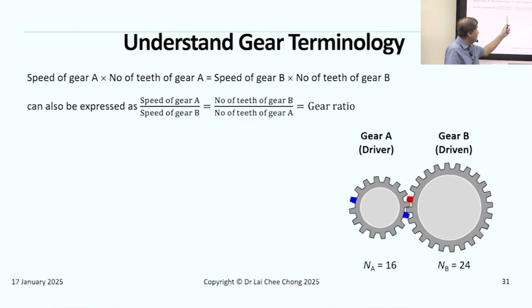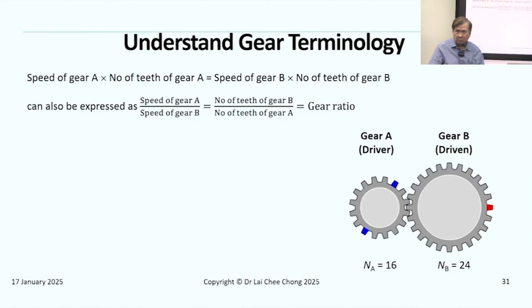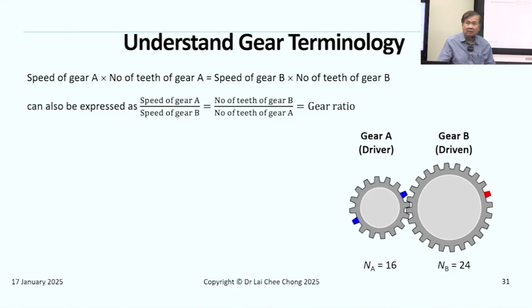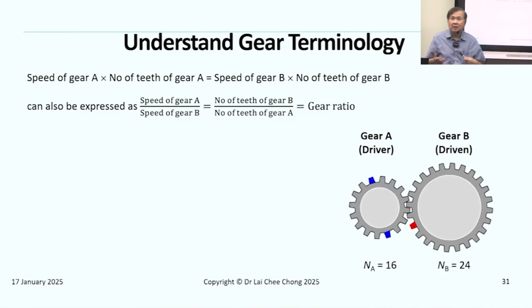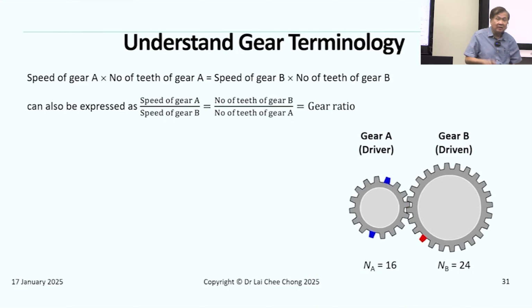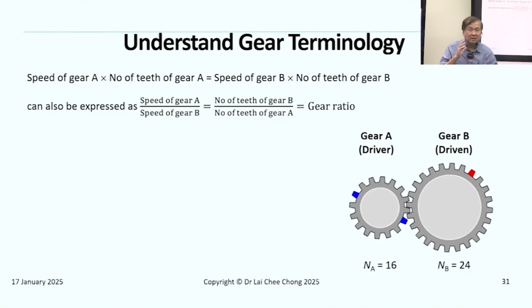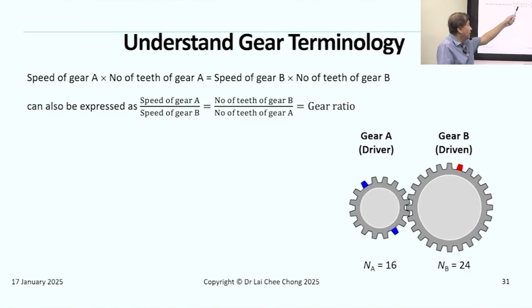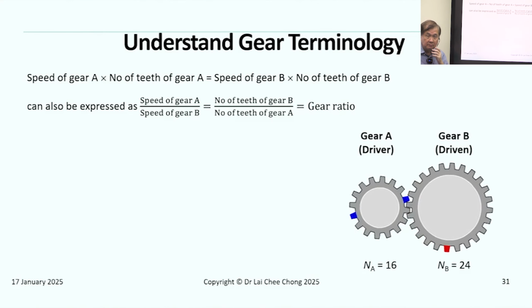But we know what that is. That is our gear ratio, because gear B is the driven gear and gear A is the driver gear. So I can use the gear ratio to find the speed of gear A or gear B.